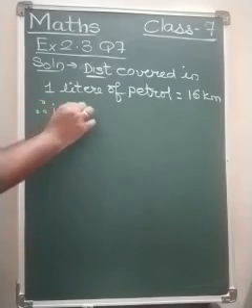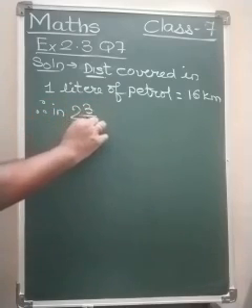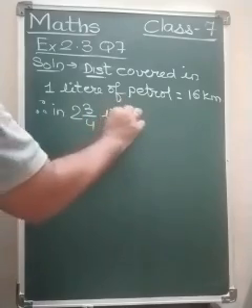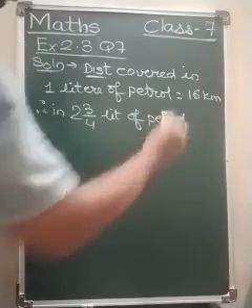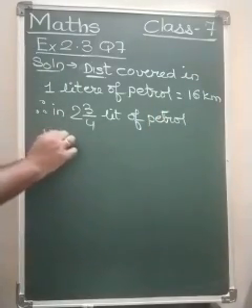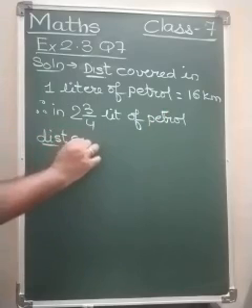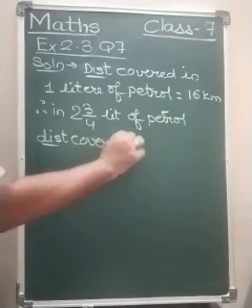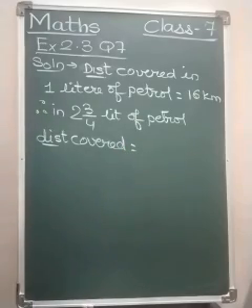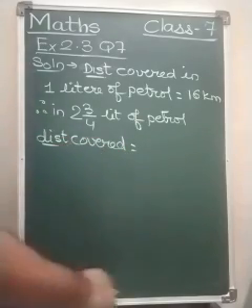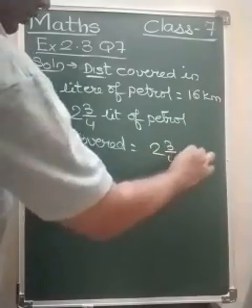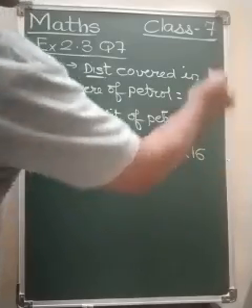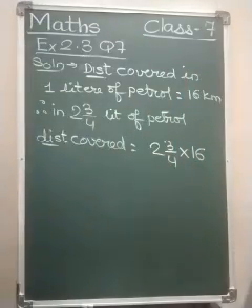Therefore, in 2 3/4 liters of petrol, distance covered equals 2 3/4 multiplied by 16 kilometers.